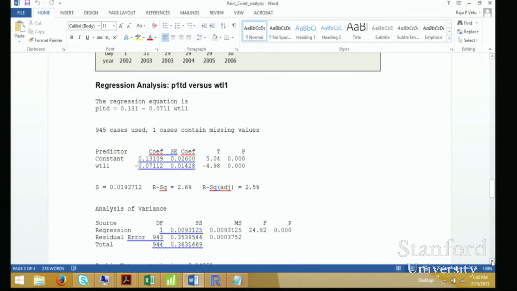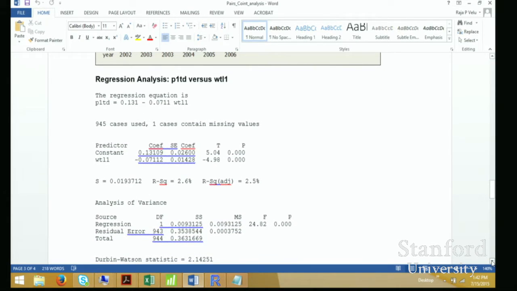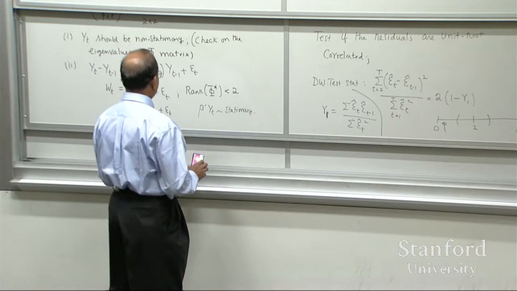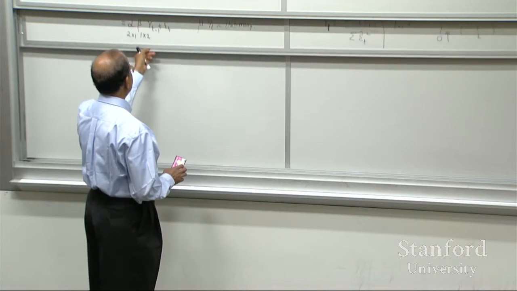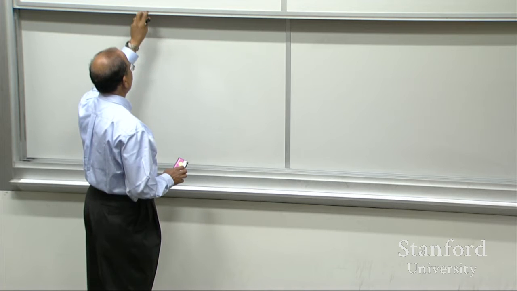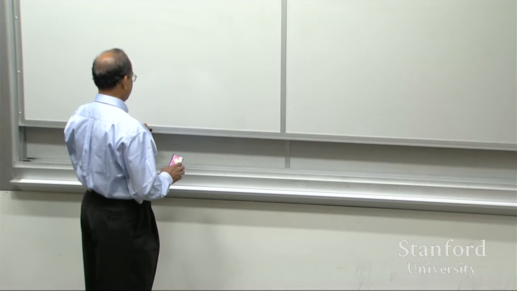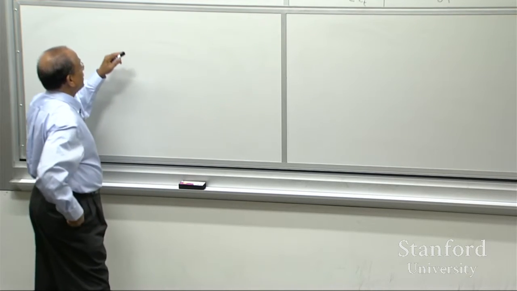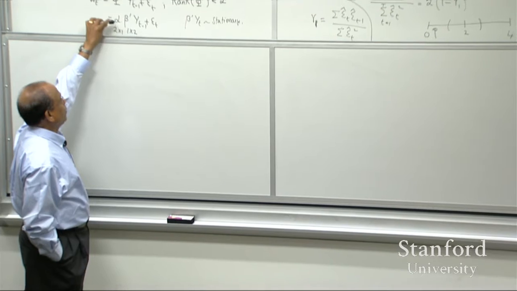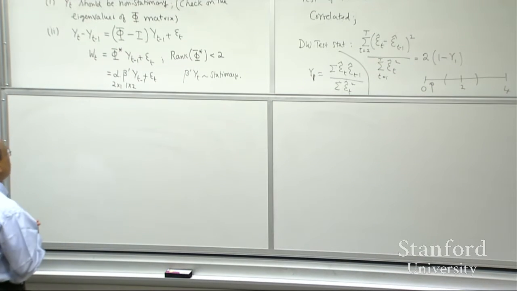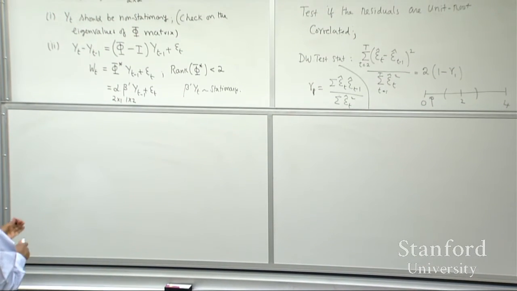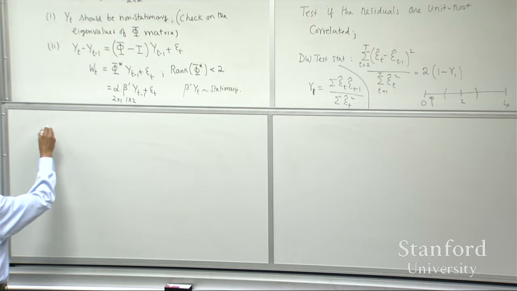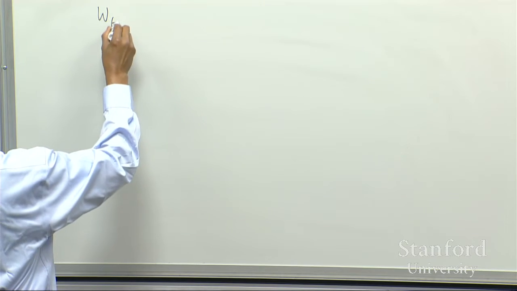Now I want to compute these alpha values and beta values. One thing I have done differently from what is given in Ray's book is the following. I showed you, using matrix calculations, how to get alpha and beta. There is a simple alternative way to get alpha, which is not very efficient but serves the purpose.